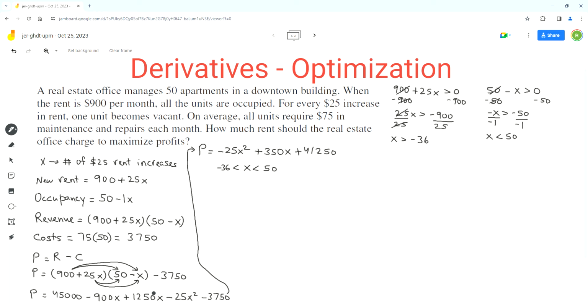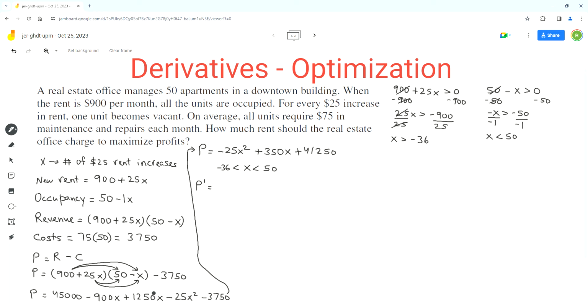Now we have to find the derivative of the profit function, because we have to find the x value that will maximize profit, and profit will be maximum at the peak of the graph of the function. So we have to find the x value where the profit function peaks. So for that we'll find the derivative of the p function.